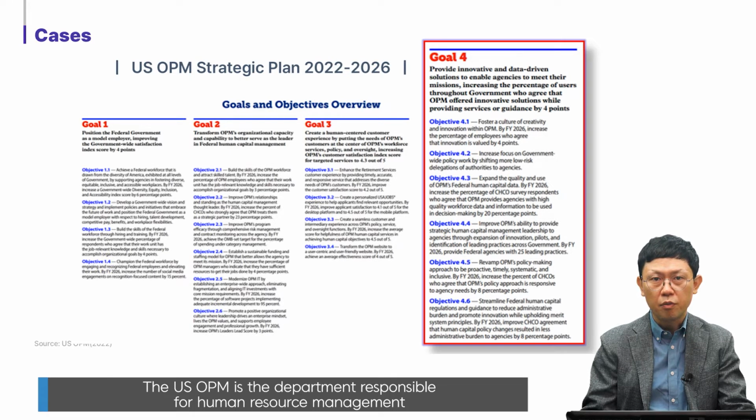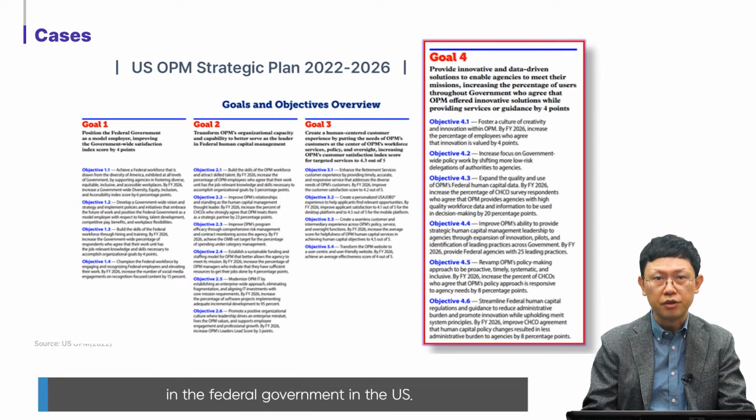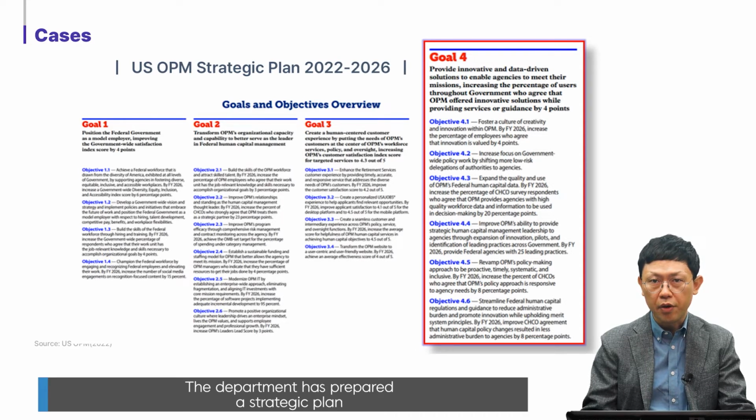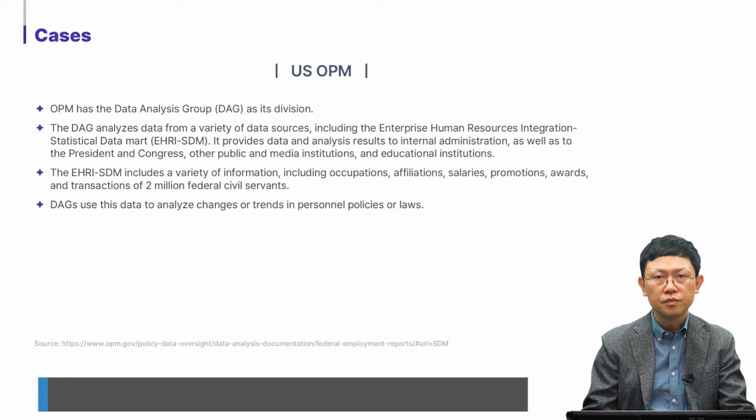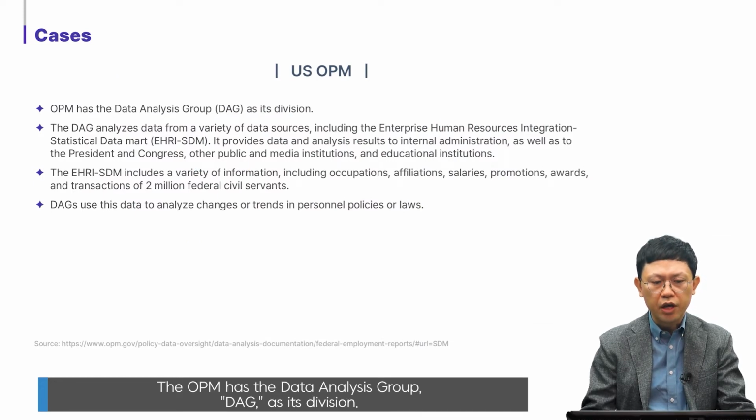The U.S. OPM is the department responsible for human resource management in the federal government in the U.S. The department has prepared a strategy plan for the next 5 years, starting in 2022. Among them, the emphasis on data-based problem solving stands out. OPM has the Data Analysis Group, DAG, as its division.